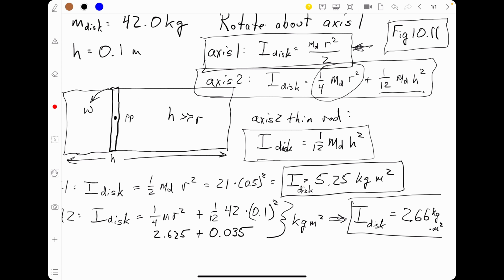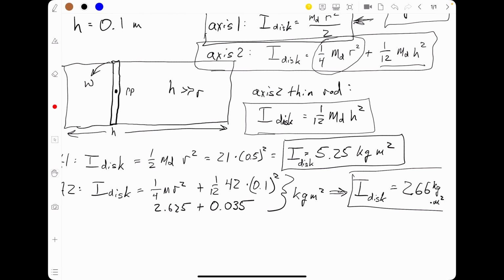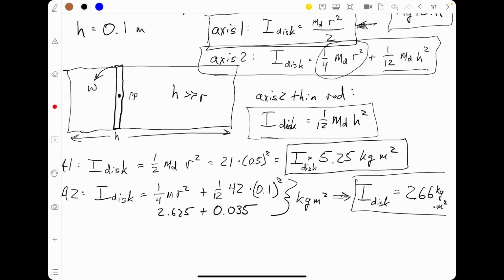And when we go back through and do it, it's roughly 2 times larger around axis 1 versus axis 2.